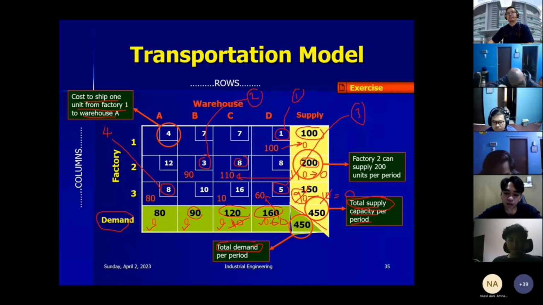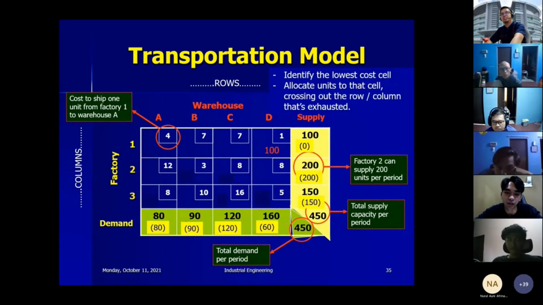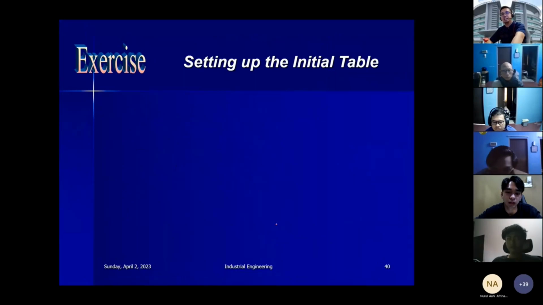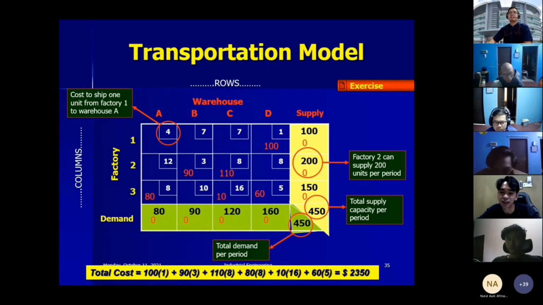Now we have to calculate. How do we calculate this for the demand from the warehouse? This is how it looks. After you plot all this in the graph, please put it in each of these cells one by one.